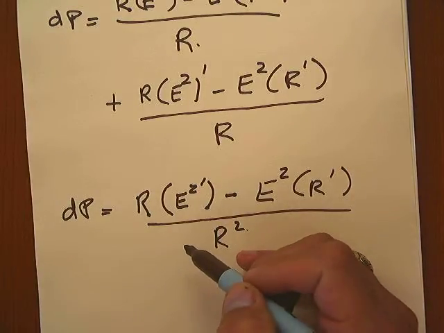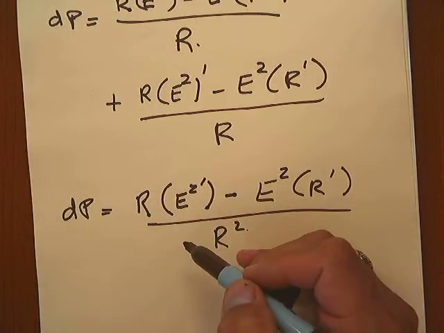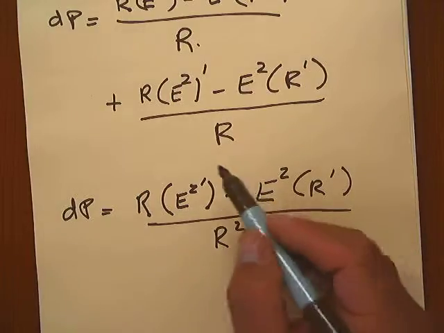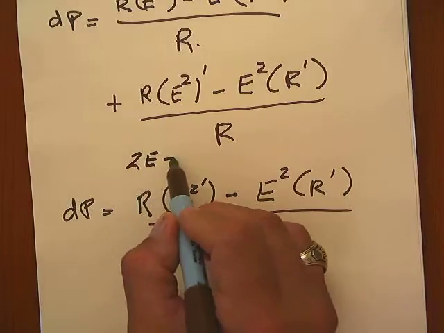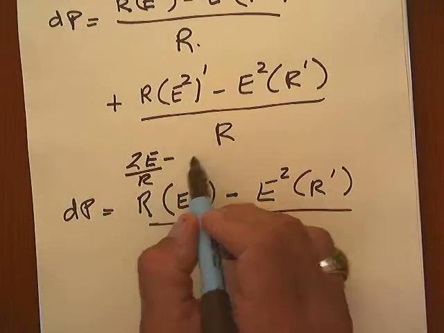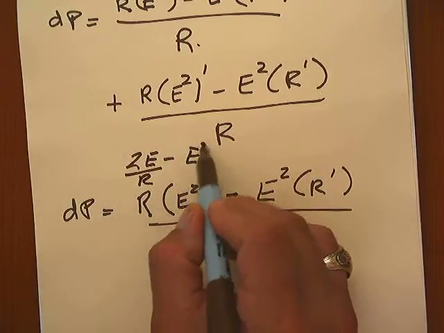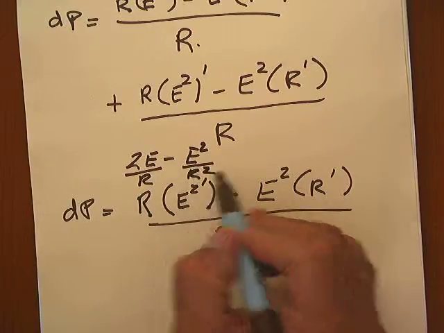The first part comes out to be 2E over R minus E squared over R squared.